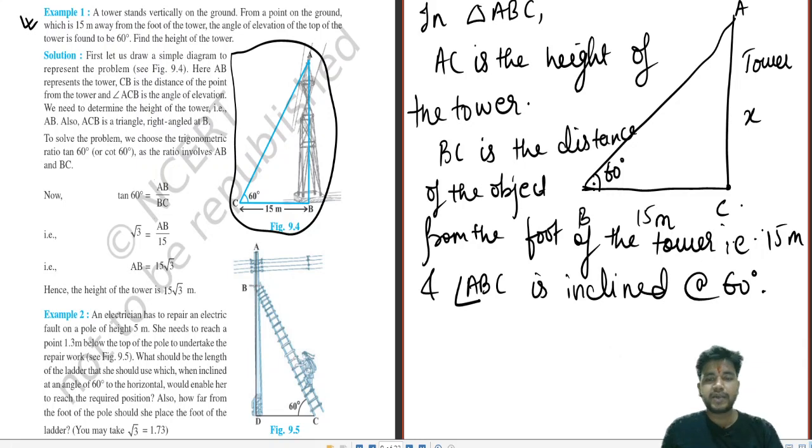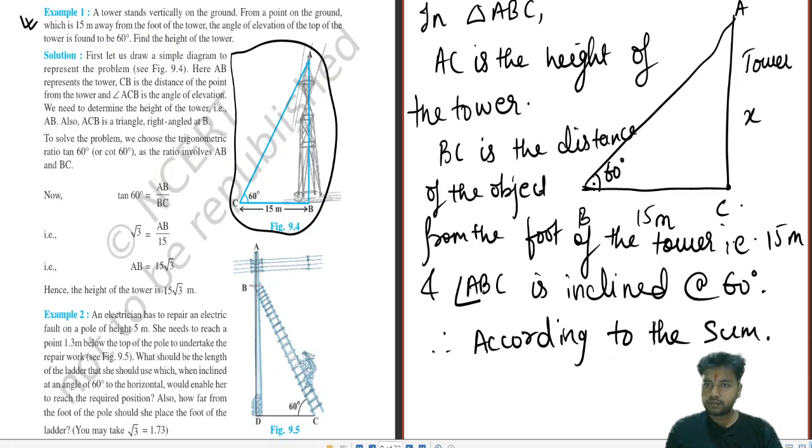Now you have done the basic protocols. Now we can move towards this. Okay, therefore according to the sum, now it is your work, the main work that is coming. Now if you want to find out the height of the tower, we have a hint of the foot of the tower and the object distance.